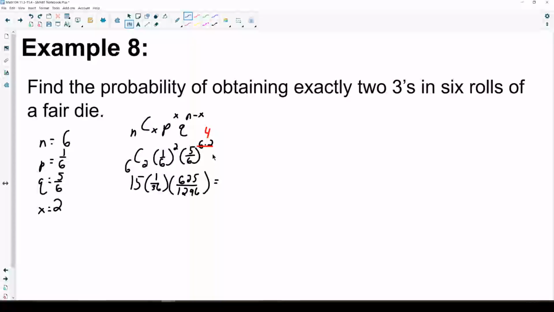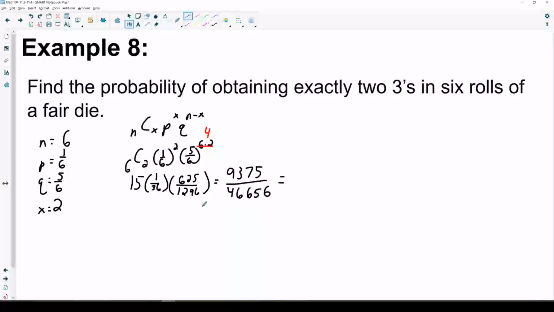Multiply them across. And what we should get on the top, 15 times 625, should be 9375, divided by 36 times 1296, giving us 46,656.